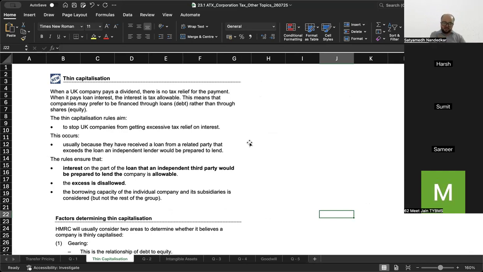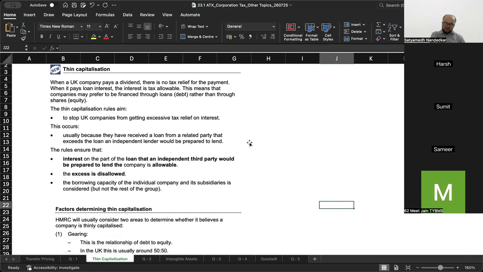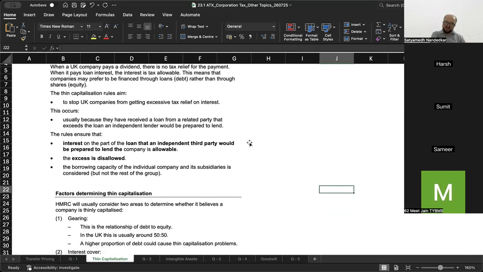Thin capitalization rules aim to stop UK companies from getting excessive tax relief on interest. This occurs usually because they have received a loan from a related party that exceeds the loan an independent lender would be prepared to lend. The rules ensure that interest on the part of the loan that an independent third party would be prepared to lend the company is allowable.